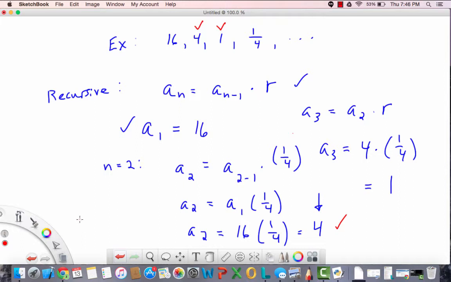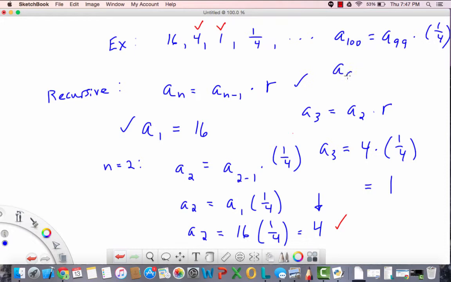So what's the disadvantage with the recursive formula? Well, it's very similar to the disadvantage of the recursive formula using arithmetic sequences. If you're asked to find a sub 100, for example, the equation is a sub 100 equals a sub 99 times r. And there's a slight problem here because we don't know a sub 99, at least not yet.